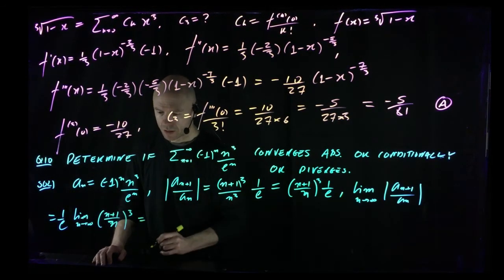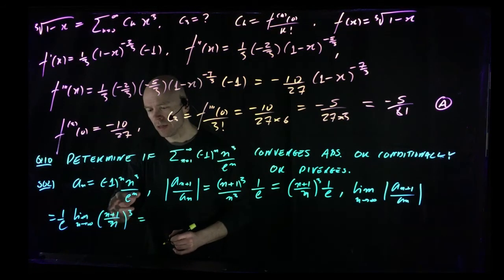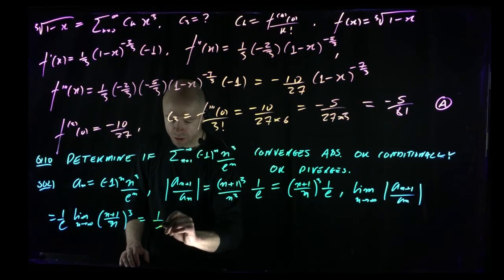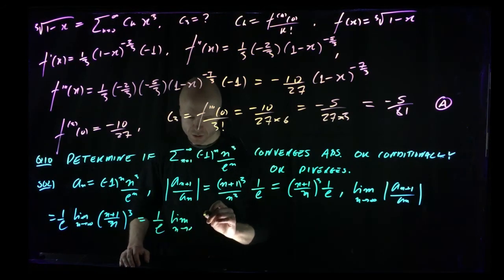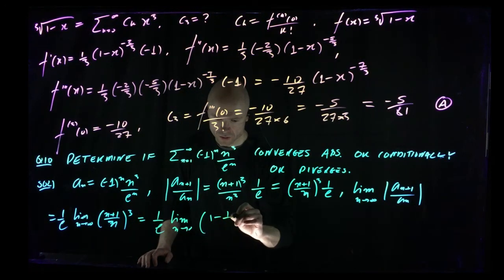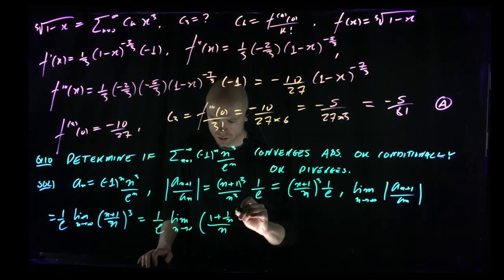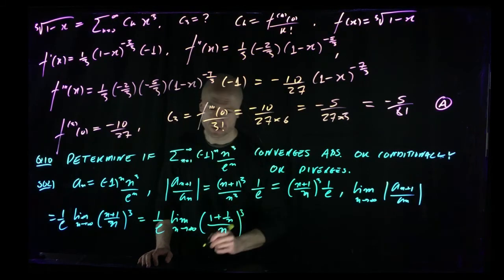And if this is a free response, maybe you'd want to put more details. You want to factor out the n from the top and bottom. Let's maybe do that. So that's 1 over e times the limit as n goes to infinity of (1 + 1/n) over 1, all to the 3.